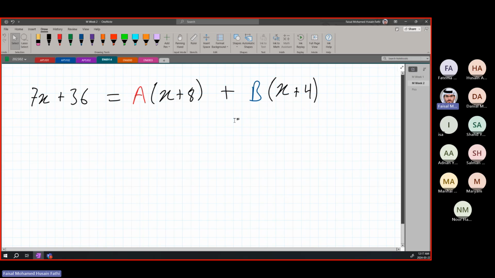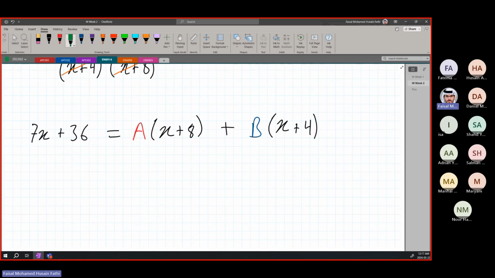In other words, I'm trying to make this term equal 0, and then again I'm going to try to make the other term equal to 0. So I'm going to substitute an x value for it. Let's look at the first one. How can I make this equal to 0? If x is equal to what value? If x is equal to minus 8, because minus 8 plus 8 equals 0. Right or not?